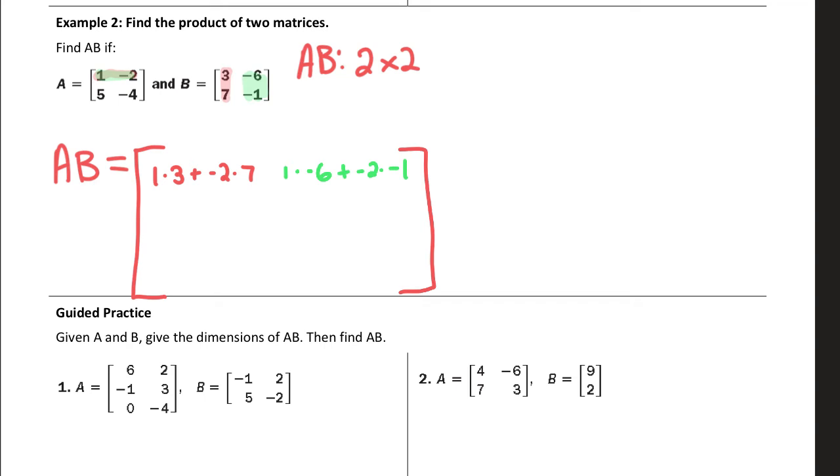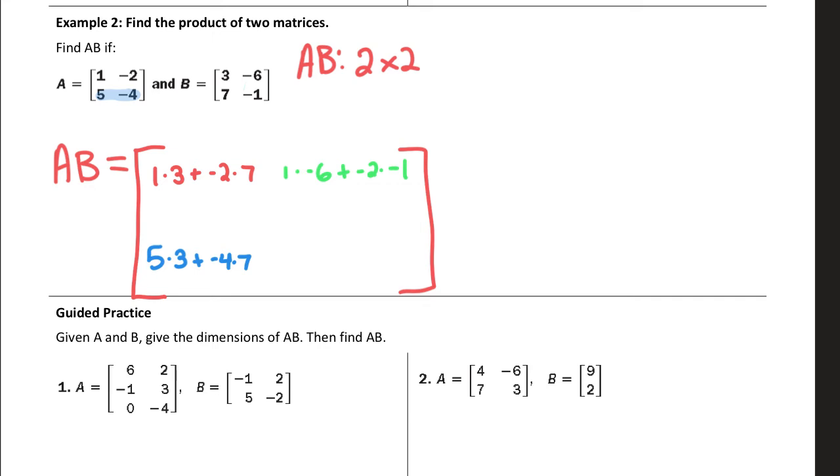Now next, I want to show how we get our bottom 2 elements. And that just concerns the bottom row, 5, negative 4. So I'm going to multiply that by the first column in the next matrix. So I take 5 times 3 plus negative 4 times 7.